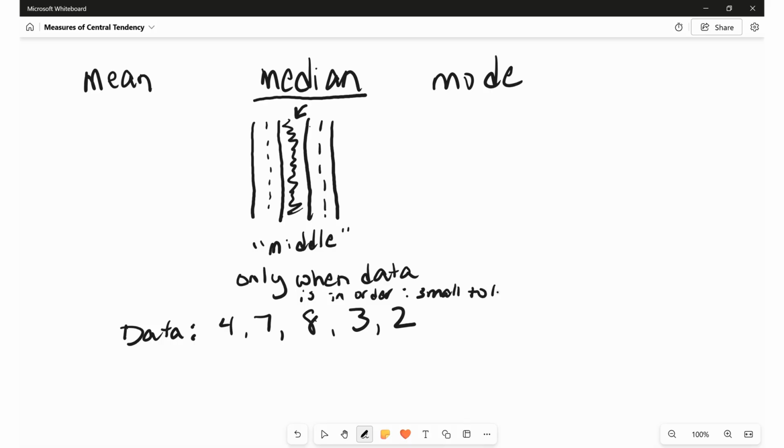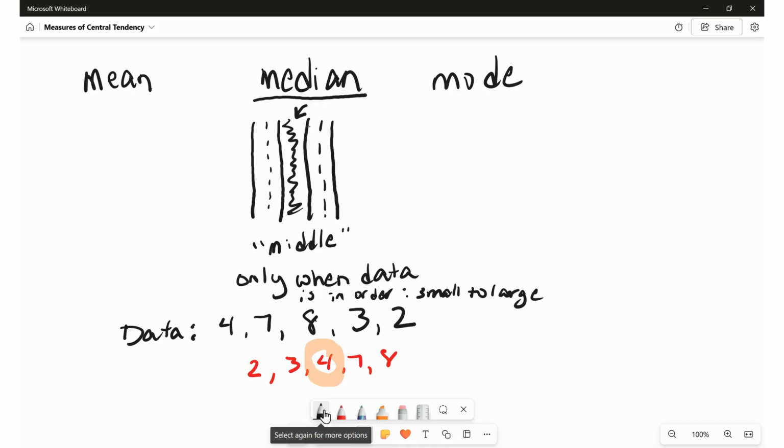Small to large. So we would need to rewrite this data as 2, 3, 4, 7, 8. And at this point, the median is now in the middle because our data is in order from smallest to largest.